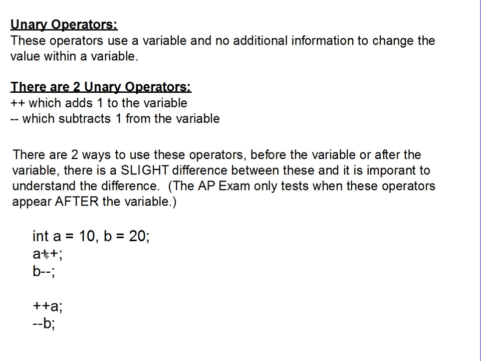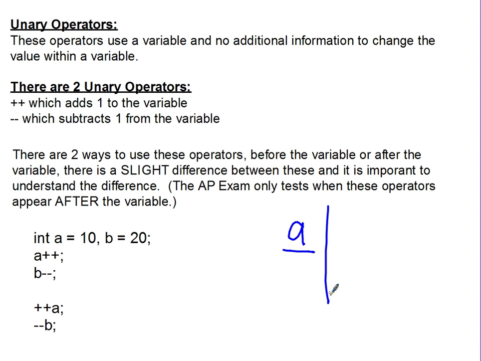So, taking a look at an example here. Very simple. I start out with two variables, and a lot of times I like to create a little table over here to keep track of my variables as I'm working through problems. Even having programmed for over 20 years now, I still draw out my variables like this. So A started as 10, B started as 20.